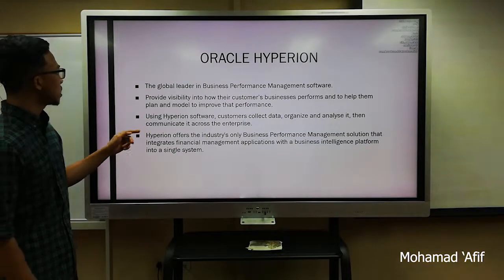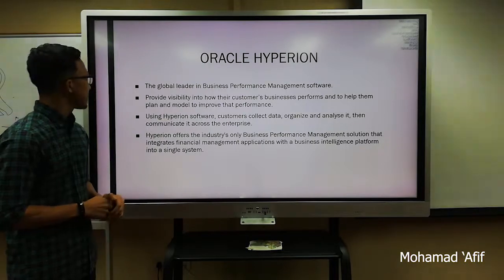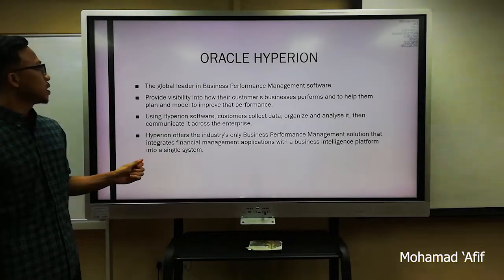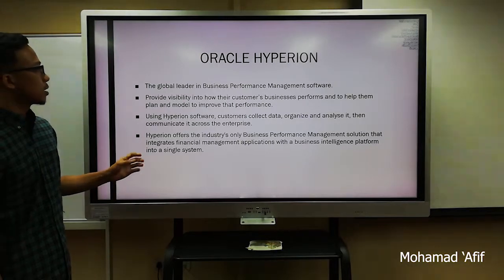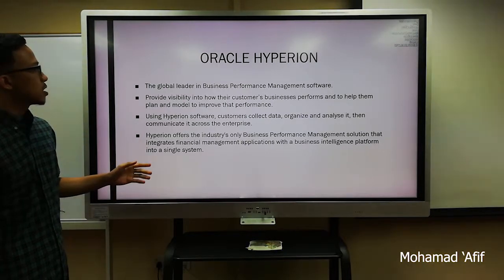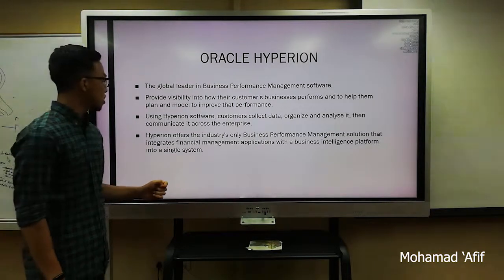Oracle Hyperion is the global leader in business performance management software. It provides visibility into the customer's business, so that the customer's business performs, and to help them plan and model to improve their performance.